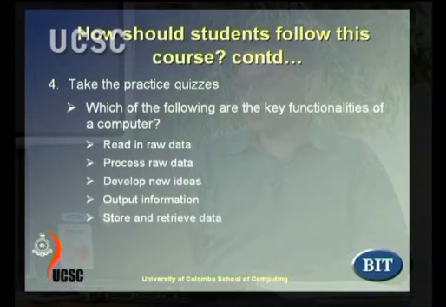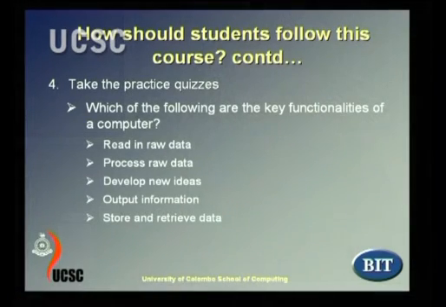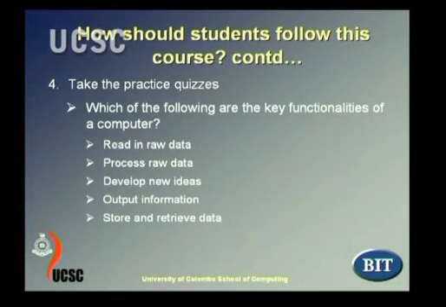This quiz says, which of the following are the key functionalities of a computer system. There are 5 answers given: read in raw data, process raw data, develop new ideas, output information, store and retrieve data. The students are supposed to select the correct answers out of them.